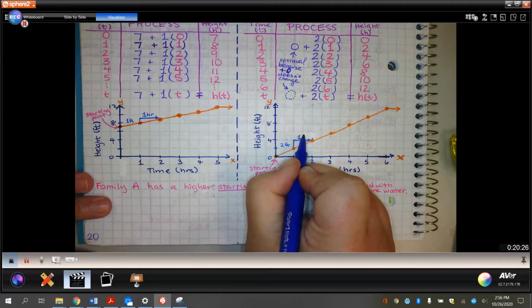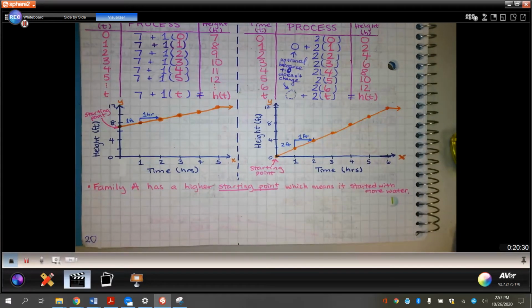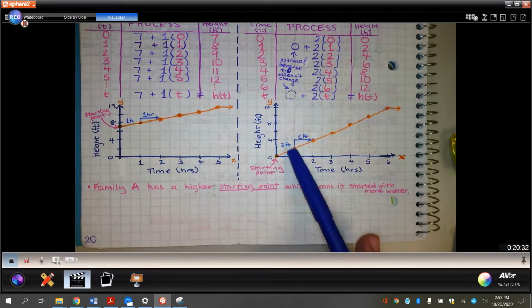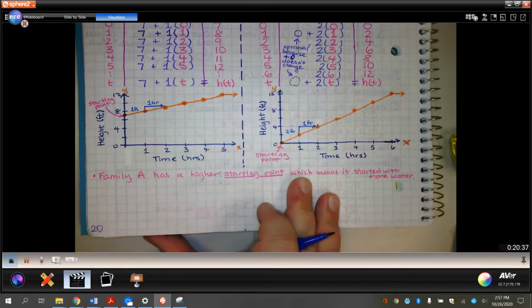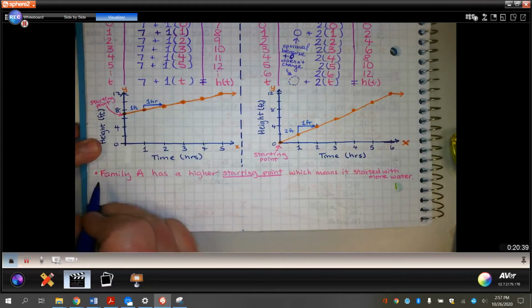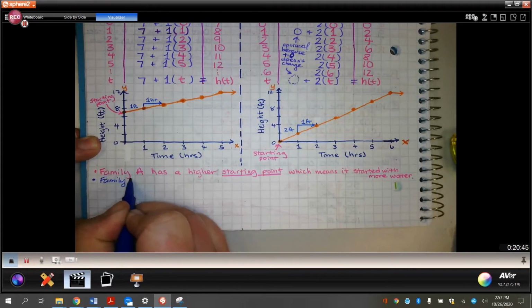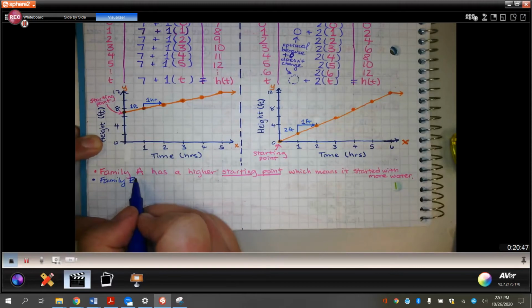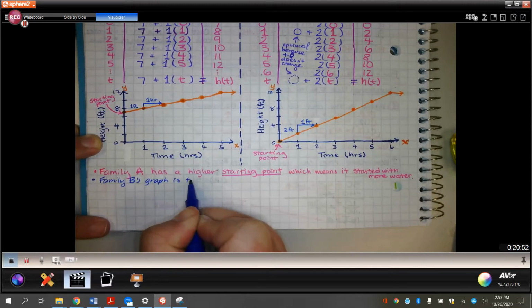Okay, so what that means is that because this one is rising more in the same distance, this one for family B is steeper. So that means family B's graph is steeper, and that's the important word, so I'm going to underline it.